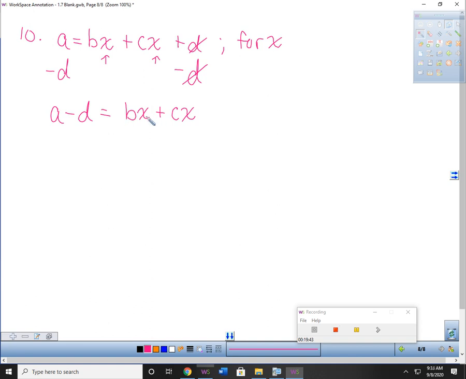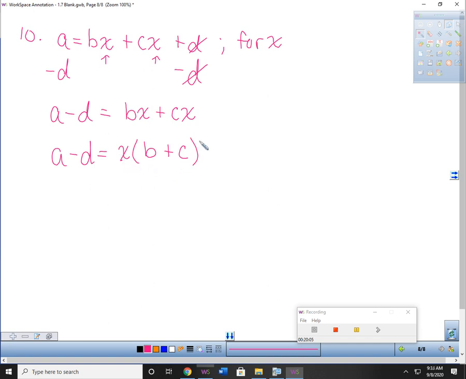Now I've got the two terms that I want to factor something out of on the same side. So what am I going to be factoring out of them? An x. All right, so if I put the x out front, bx divided by x is b, and cx divided by x is c.